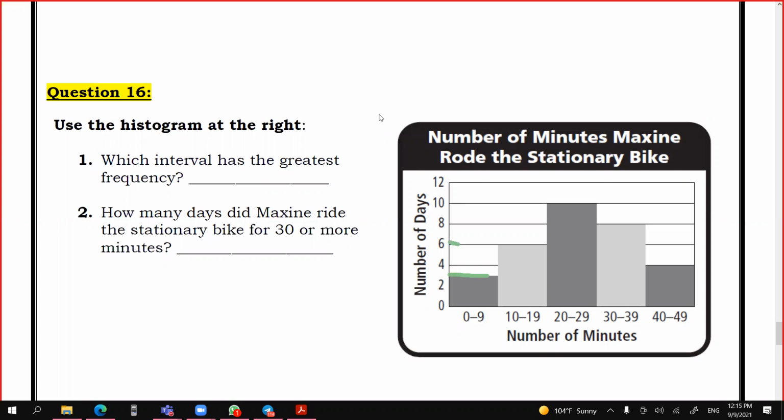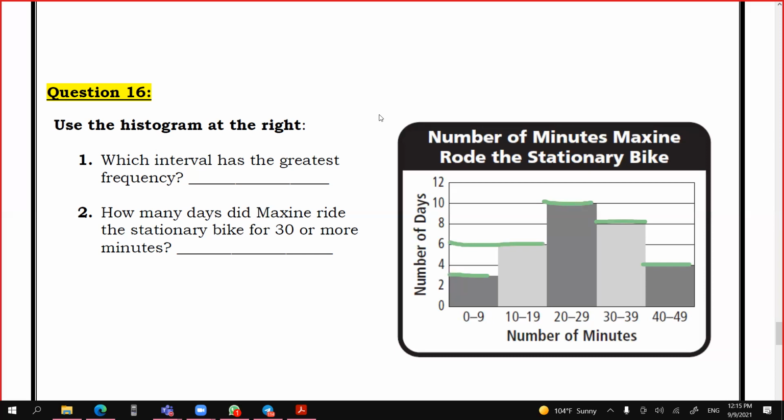We have 6 days from 10 to 19 minutes, 10 days from 20 to 29 minutes, 8 days from 30 to 39 minutes, and 4 days from 40 to 49 minutes.